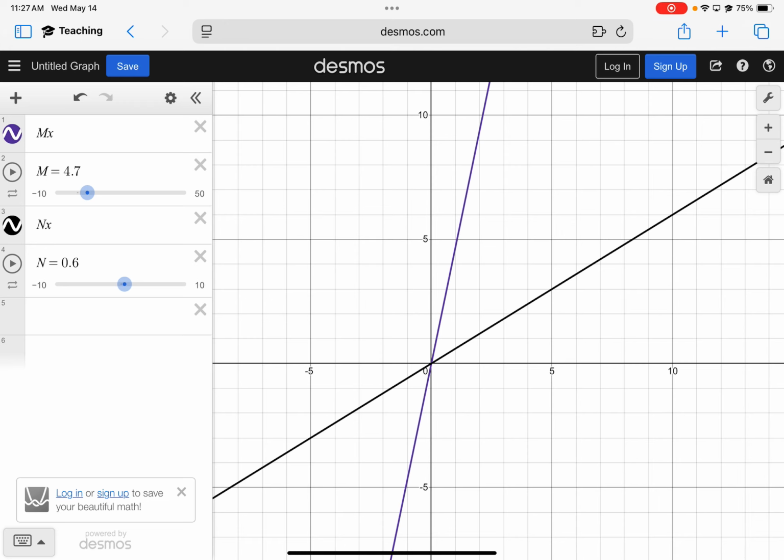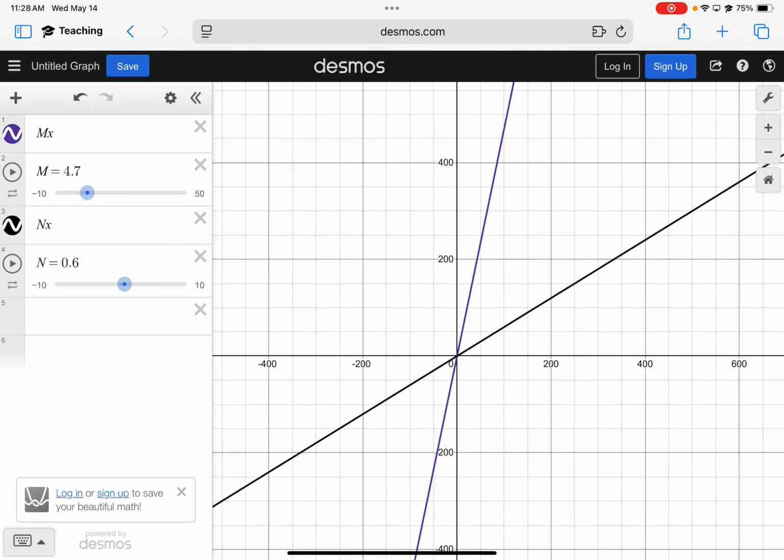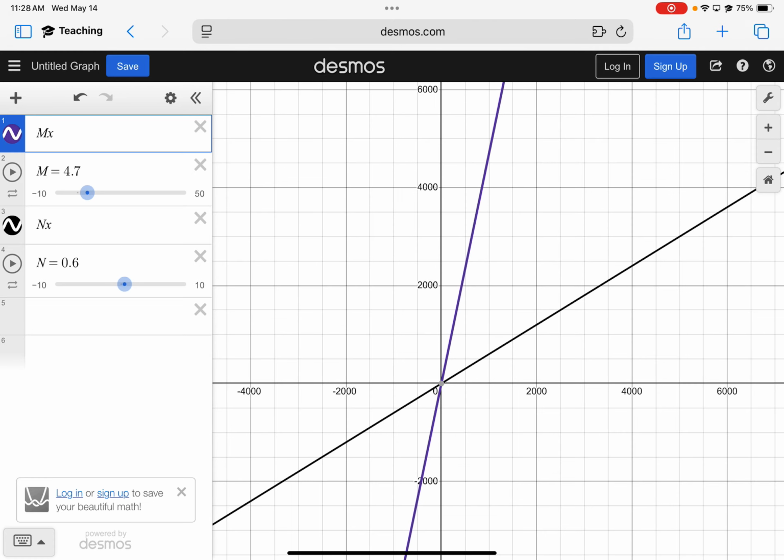Both of these functions, 4.7x and 0.6x, are considered equal asymptotically, just because there are other functions that grow way faster and way slower.